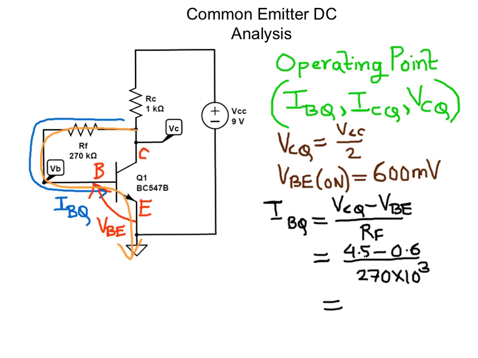So this gives us a value of IBQ of approximately 15 microamps. Now, assuming that the transistor is operating in the forward active region, we can write ICQ equals beta times IBQ.